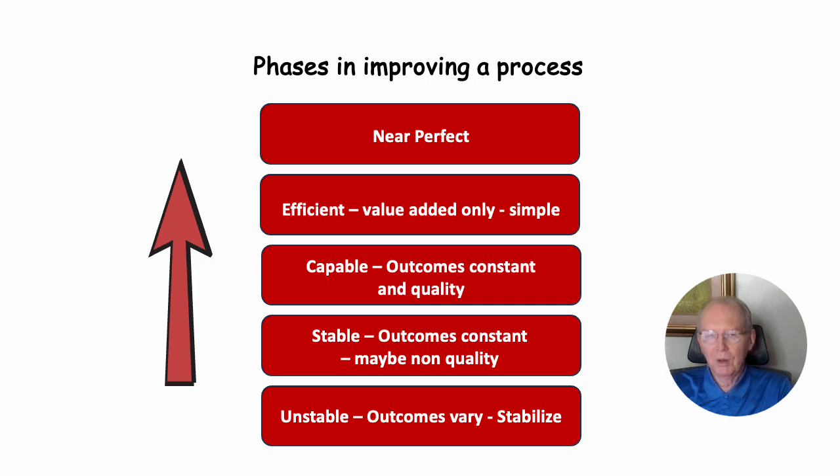And then the last one is you become near perfect. And the reason why you're near perfect is that processes always have the capability of being improved. So this is basically a high-level look at the way you would go through improving processes on an ongoing basis.